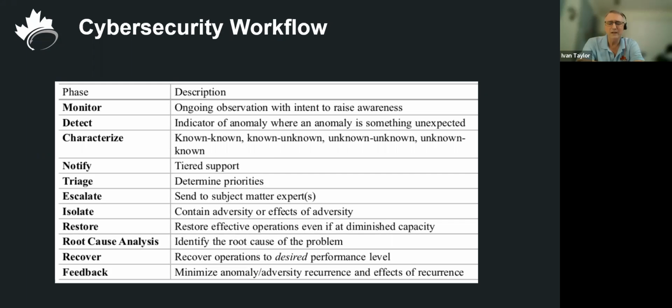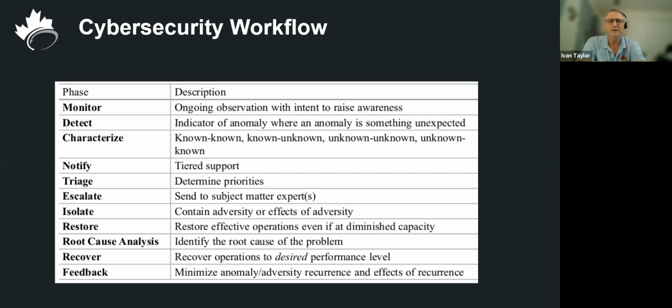You may escalate the activity to sending it to subject matter experts, and these people may have specific knowledge about specific viruses, or, for example, if this is an unknown virus or unknown anomaly or attack, you might set up a tiger team of subject matter experts to handle this new type of threat.